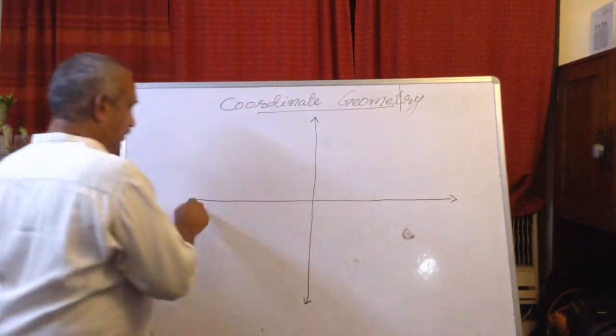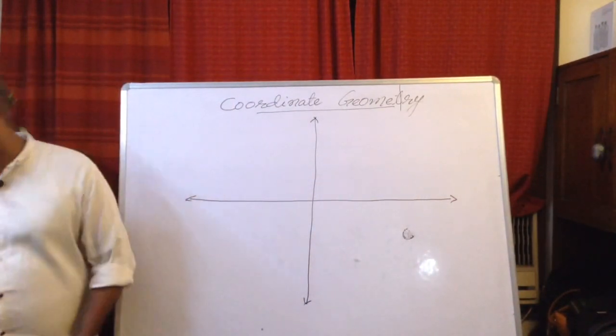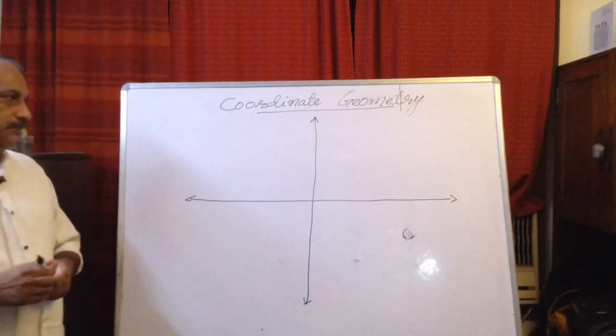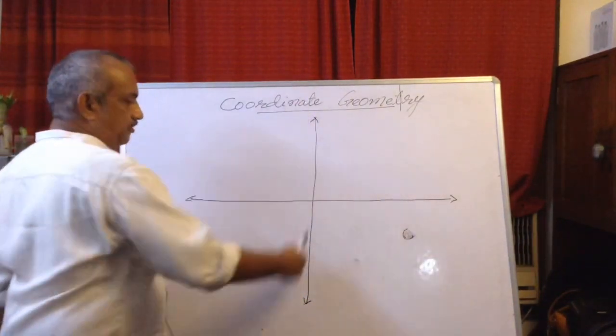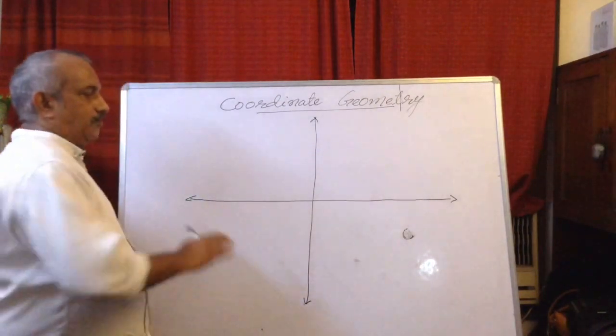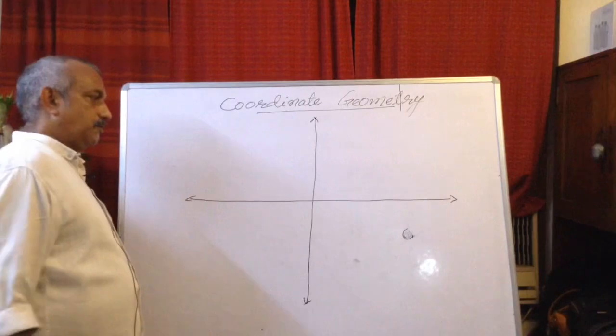Like this, we'll draw two lines to describe the position of a point. Now I want to describe where a point is. First I will draw two lines. One is perpendicular to the horizontal level, the floor level, and one is parallel to the floor. Like that, two lines will be drawn.